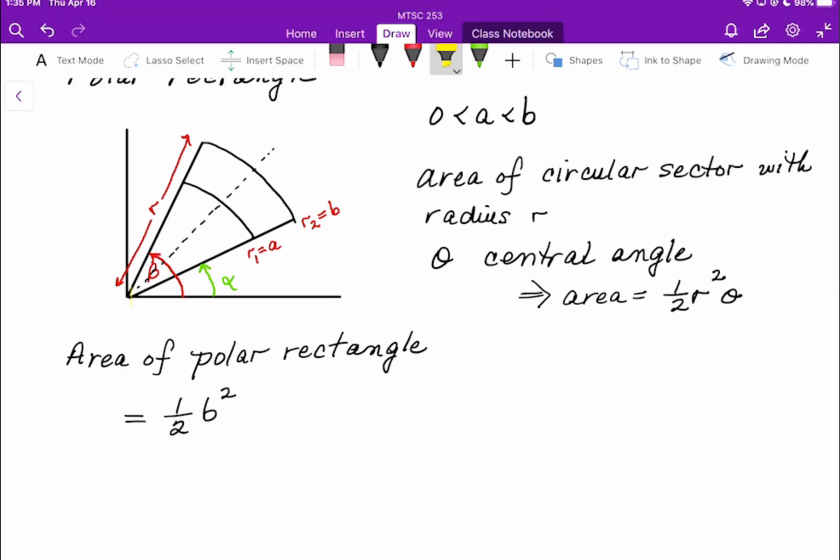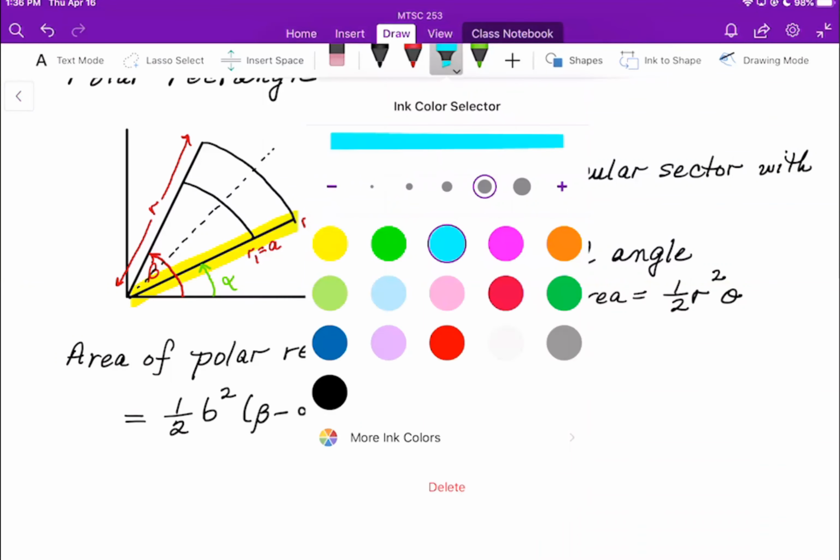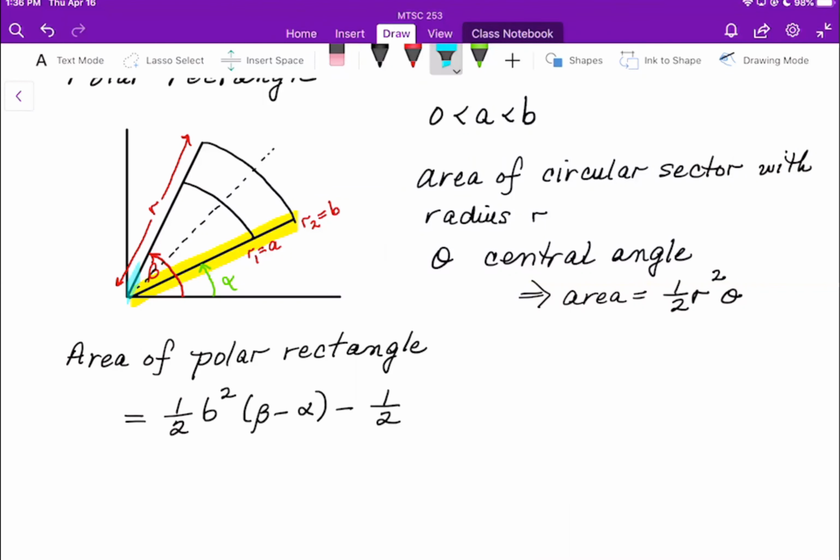So we're going to go from here all the way out to B. And then the angle is beta minus alpha. Then we're going to do the area of the smaller region. So this time I'm only going to go out to here. So I'm going to have A squared, and I'm going to get beta minus alpha.